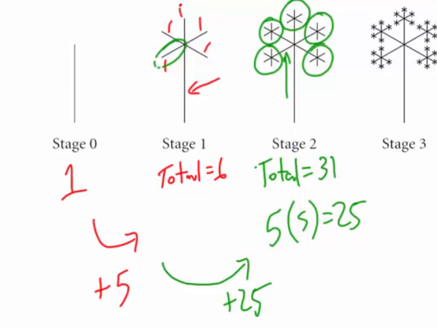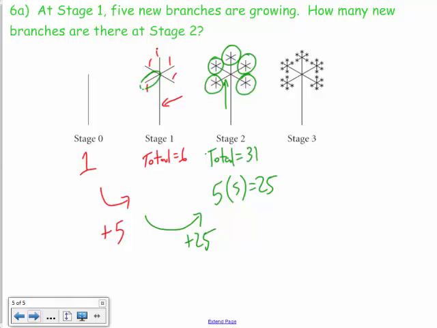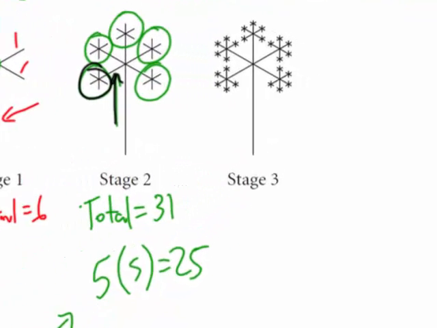So if I think about this, how many do you think we'd add on stage 3? Well, we're working with exponents, right? From stage 0 to stage 1, we really went up 5 in the first power. That's how many we added on. From stage 1 to stage 2, we added 5 to the second power, because we had 5 big sticks with 5 little sticks.